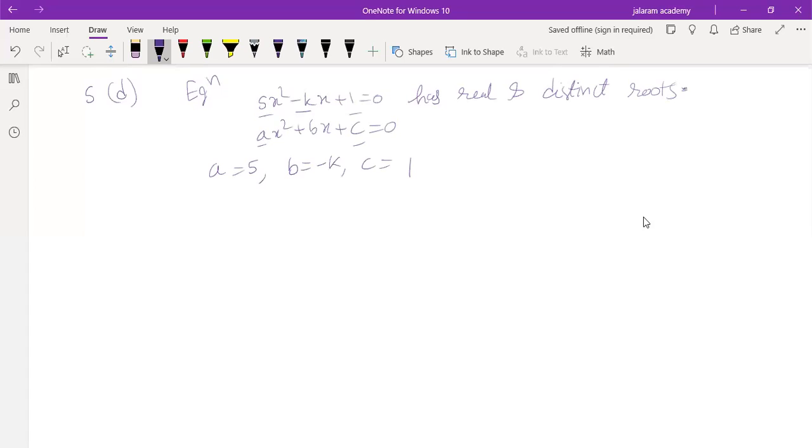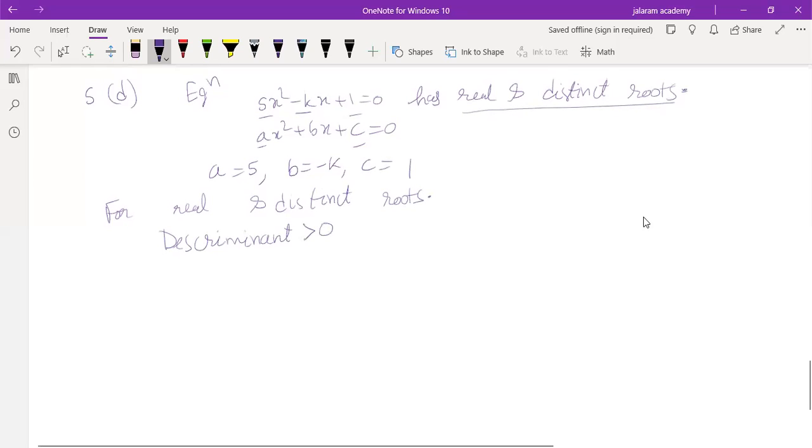Now, for real and distinct roots, discriminant must be strictly greater than 0. Now, value of discriminant means b square minus 4ac is strictly greater than 0. That is, b square is minus k whole square minus 4 into value of a is 5 into c is 1 is greater than 0.